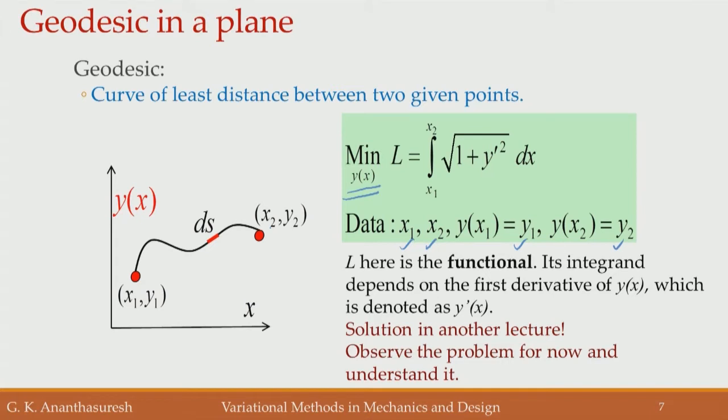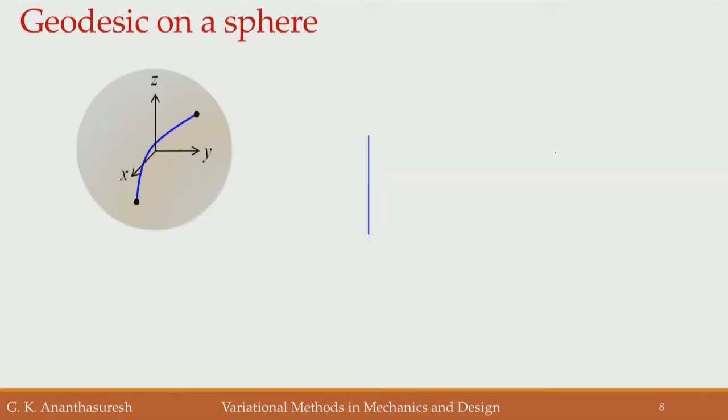Let us first understand how these functionals look like. That should be our focus, because we will consider a number of problems to look at what a functional looks like and how to formulate it. Here formulation was quite easy, there are no constraints, you just minimize an integral x1 to x2 square root of 1 plus y prime square dx, and no constraints.